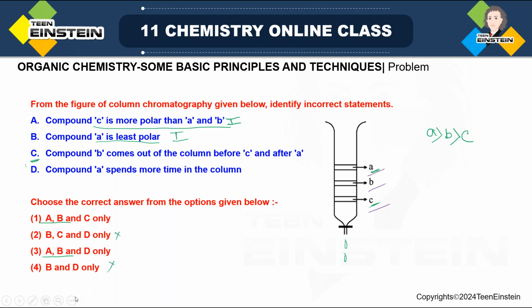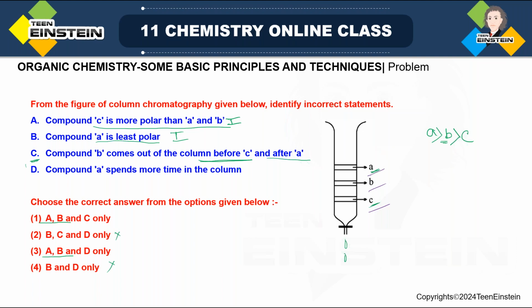Okay, now C, third statement is saying compound B comes out of the column before C and after A. Now it is true they will be coming after A, because that is the polarity order. Sorry, what it is saying, that compound B comes out of the column before C. No, it will not be coming before C. C will be coming first.